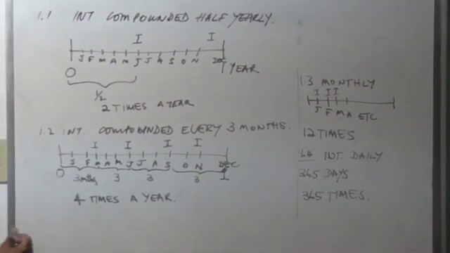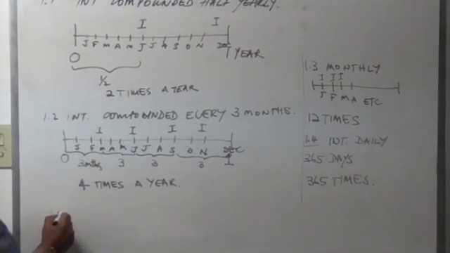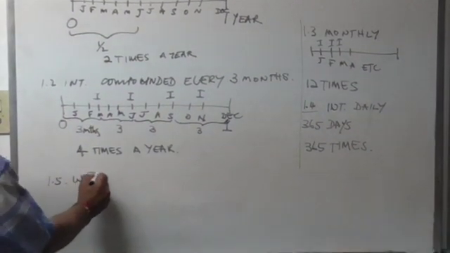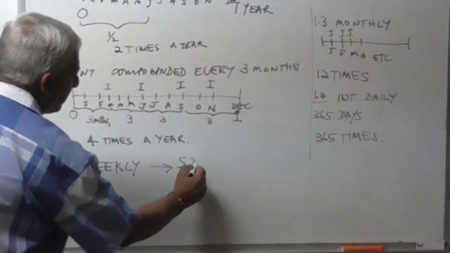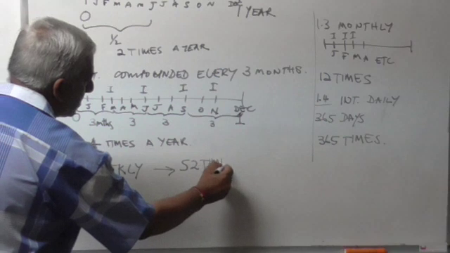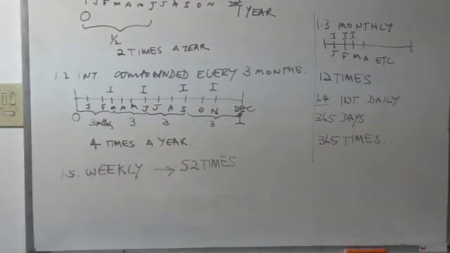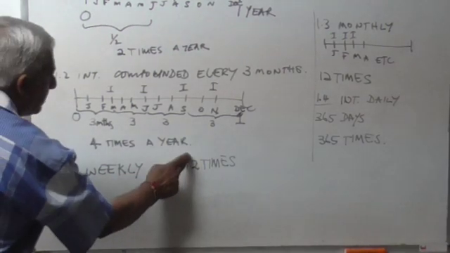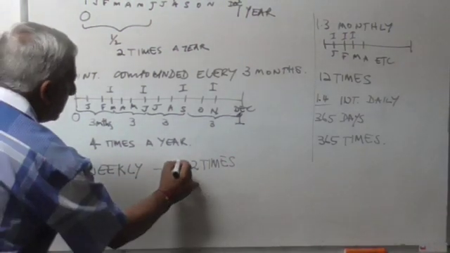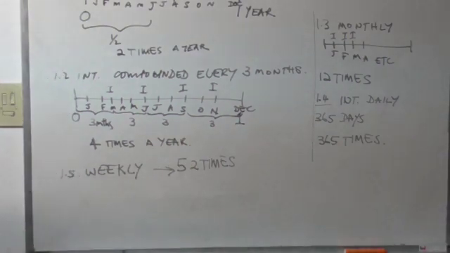Let me just write it here. 1.4, I'll put 1.5 here. If it's weekly, then you will get interest 52 times, because there are 52 weeks in a year. So if it's weekly, you will get interest 52 times.